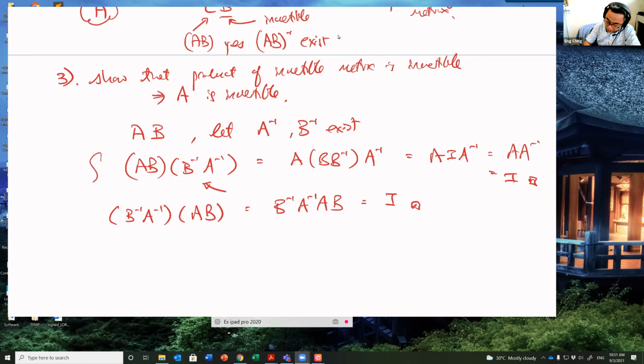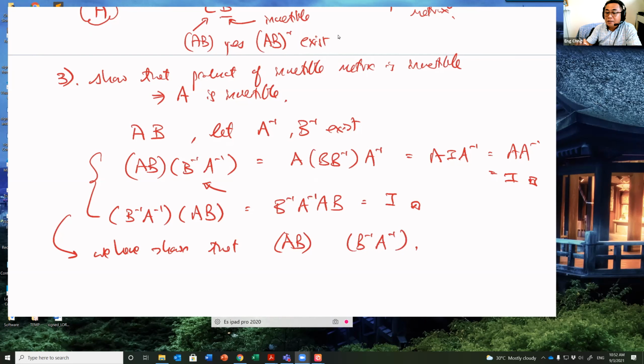So here we have shown that AB has the inverse B minus 1, A minus 1. And if B minus 1 and A minus 1 are invertible, then AB will have inverse.